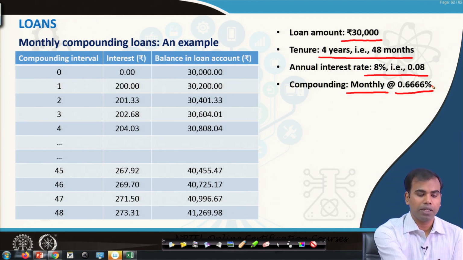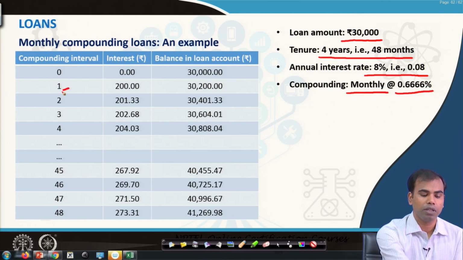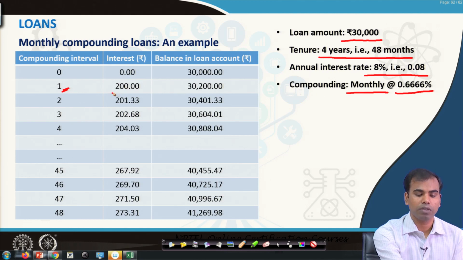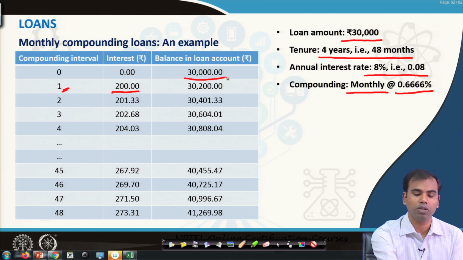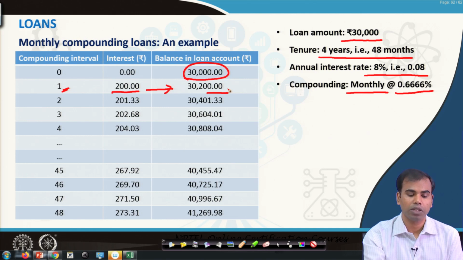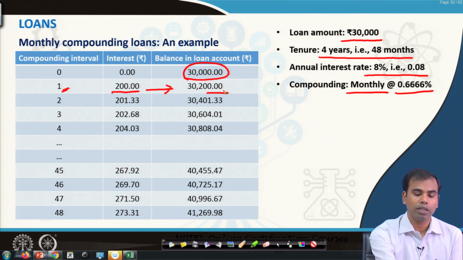So, in period 1, which is basically starting from the next period here, the amount of interest due is 200 rupees, because the loan amount in the previous period is 30,000. So, the balance in the loan account will be 30,000 plus 200. The total balance at the end of period 1 will be 30,200.